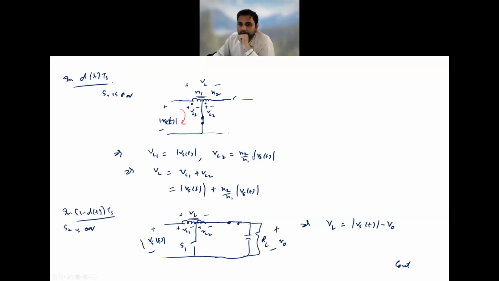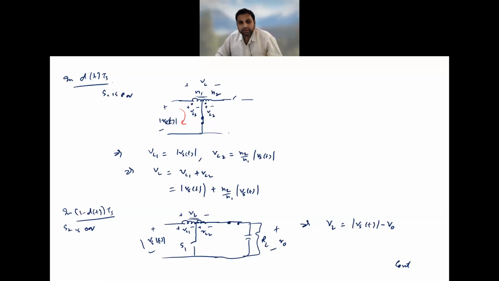So you will write N2 by N1 times modulus Vs of t. So the overall voltage across this inductor is nothing but VL1 plus VL2, and when you solve, you will get modulus Vs plus N2 by N1 modulus Vs. This is the voltage across this inductor during the DTs period.